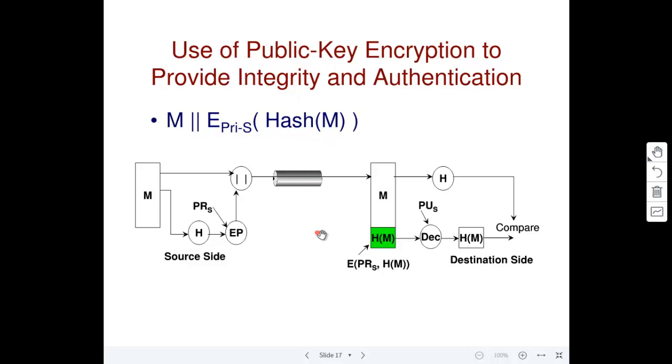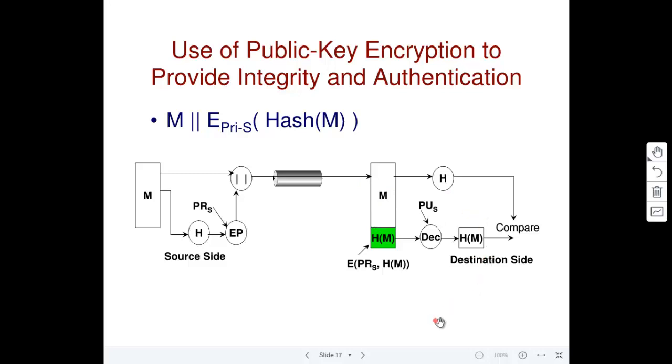So this is the way we provide authentication. If the message was changed during transmission, the decrypted hash value would still remain the same as what the sender computed on the message the sender wanted to send, and the two will differ if the plain text message that comes along has got changed.